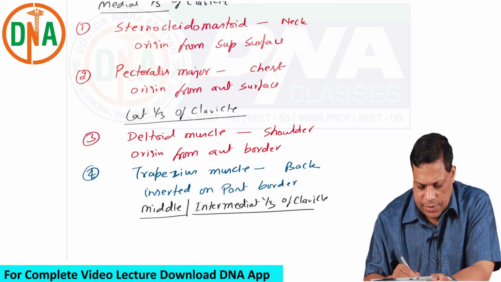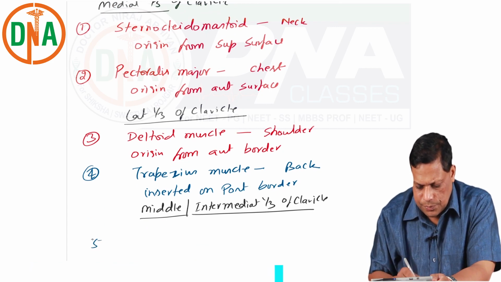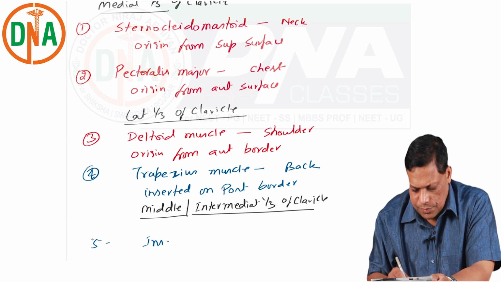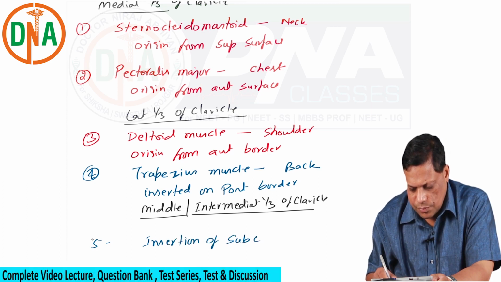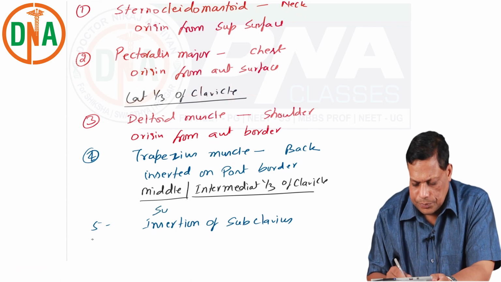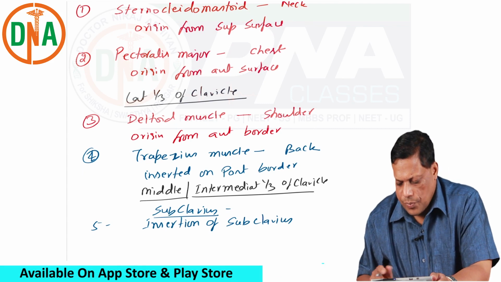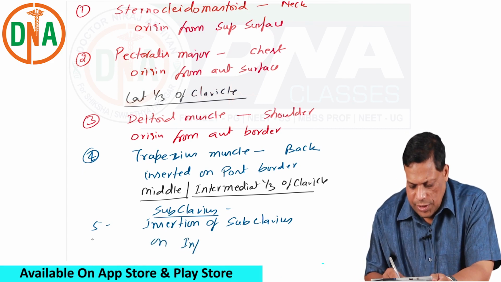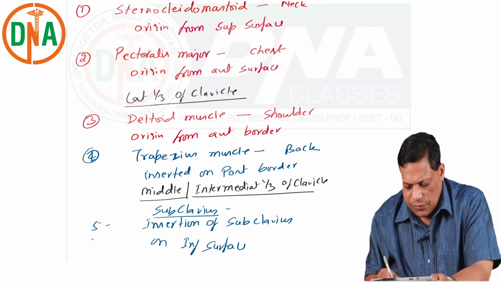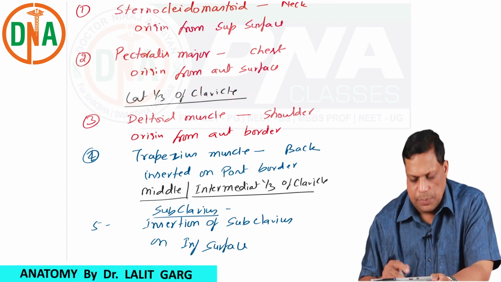Here is the insertion of subclavius muscle, on the inferior surface of the middle 1/3 of the clavicle.